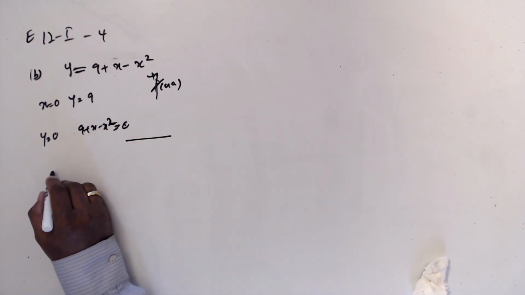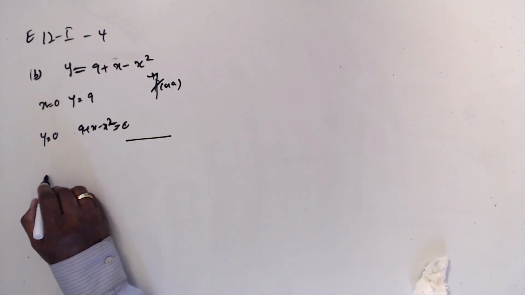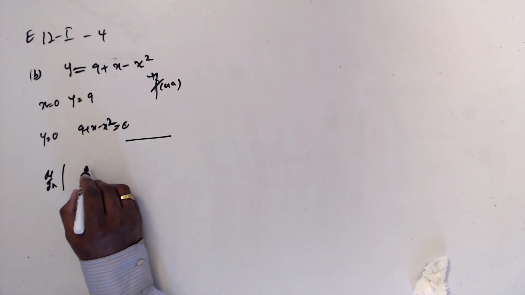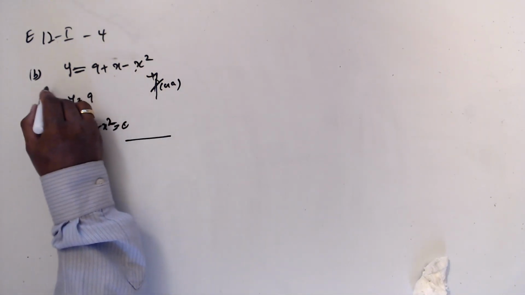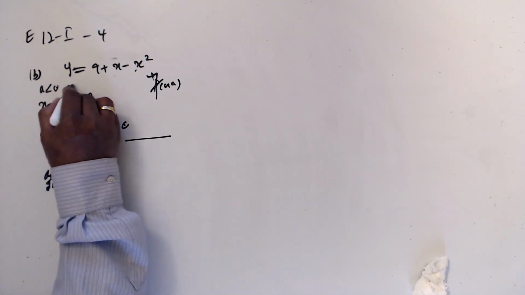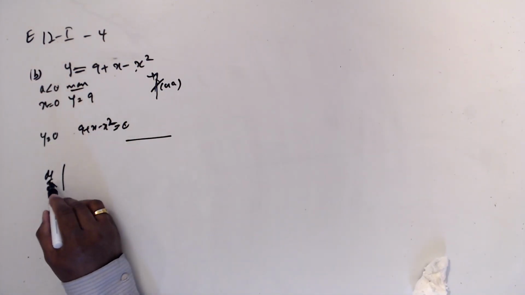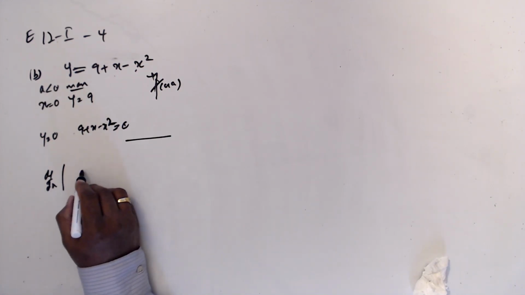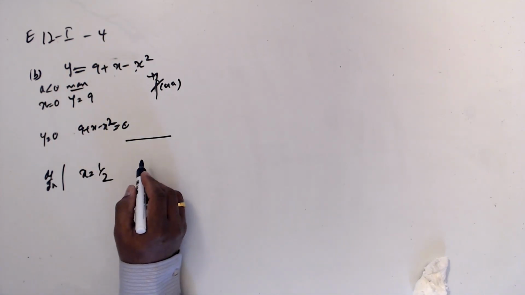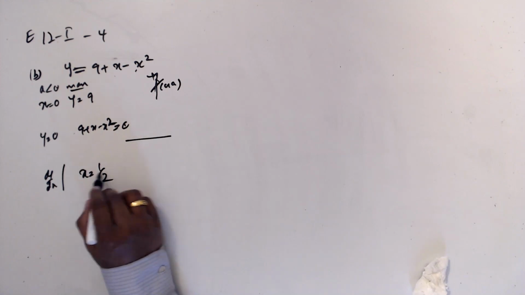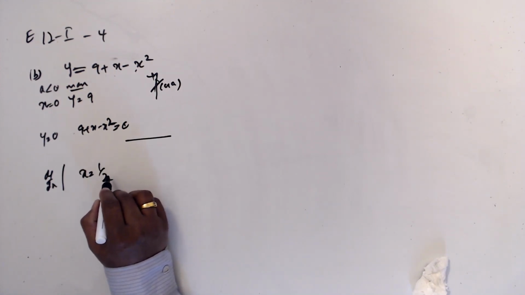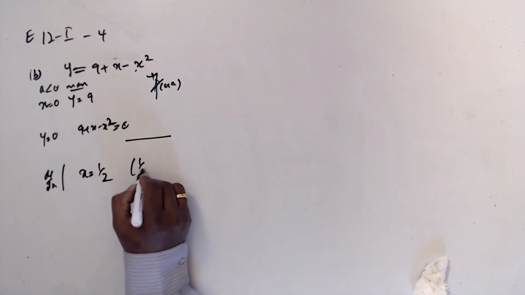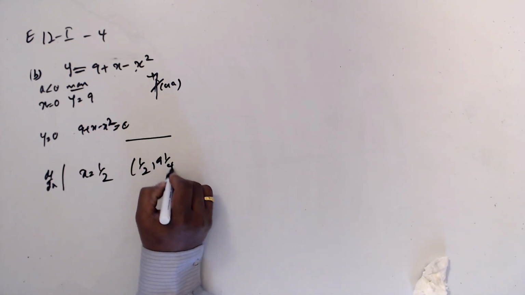But I know that the a value is less than 0, so it has a maximum. Differentiating, we work out dy by dx, and we found x equals half is the maximum, and the relevant y value is 9 1 over 4.